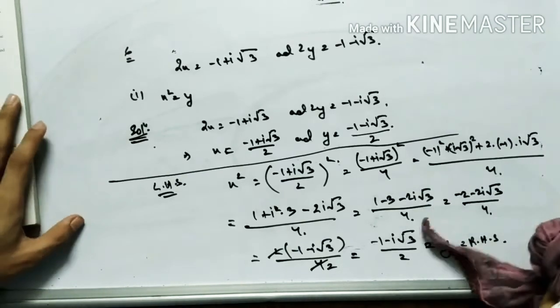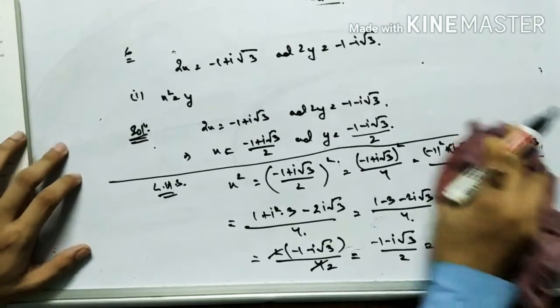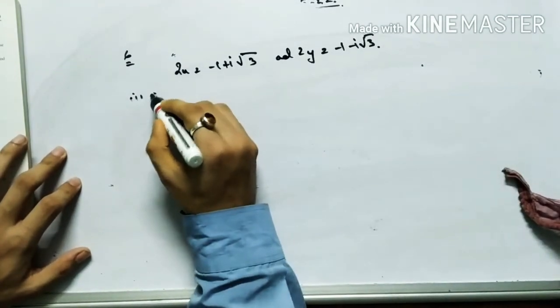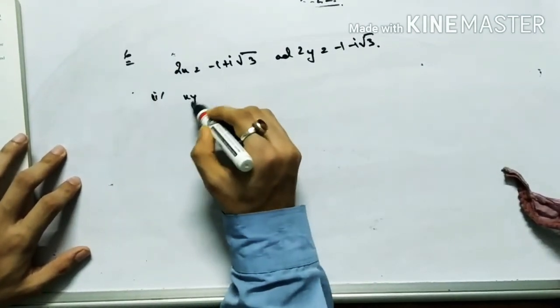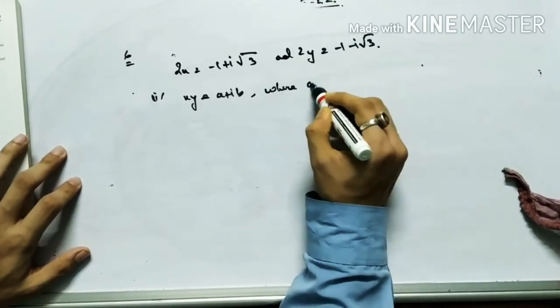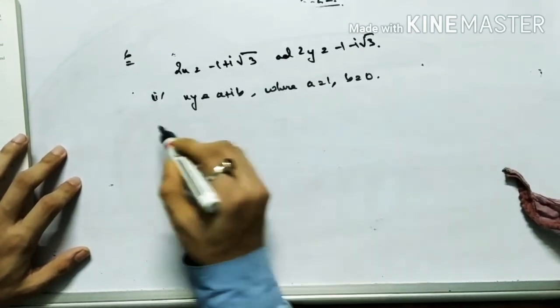Next, number 2. Show that xy is equal to a plus ib, where a is equal to 1 and b is equal to 0.